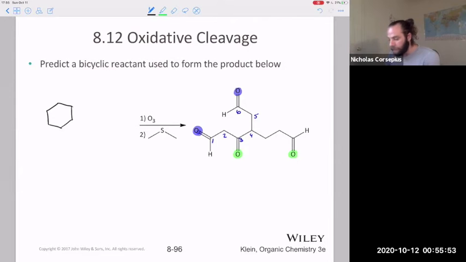So that's going to be a cyclic alkene with a 6-membered ring, and then 1, 2, 3, 4, 5, 6. Where's my double bond going to be in this compound here? Well, it's going to be between carbons 1 and 6, right? Those are the ones that are currently attached to those carbonyl groups, which means that's where my double bond used to be, between these carbons here.